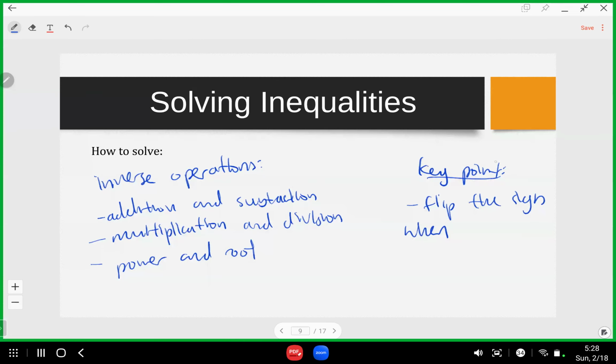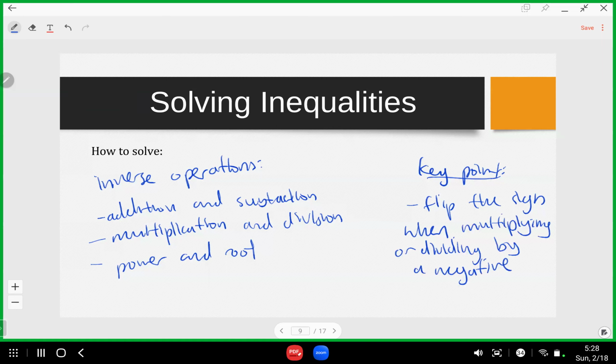Yes, flip the sign when multiplying or dividing by a negative.